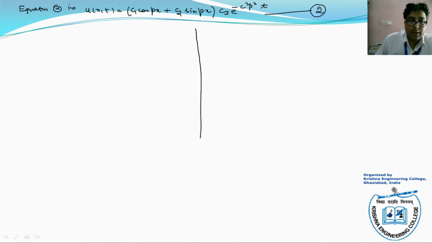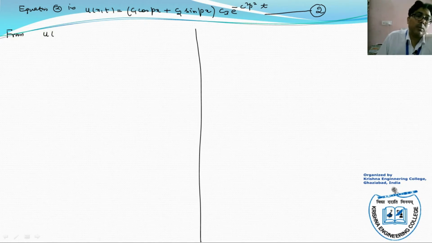This is equation number 2nd. For better use of the space, we divide into two parts. Clear? So, from the first boundary condition, u(0,t) is equal to 0.